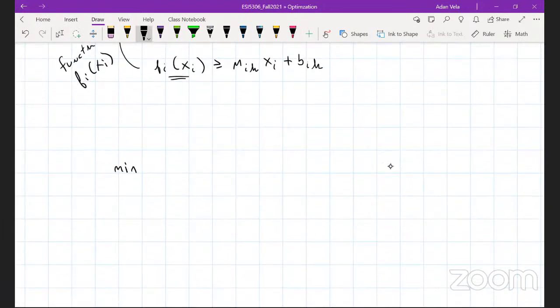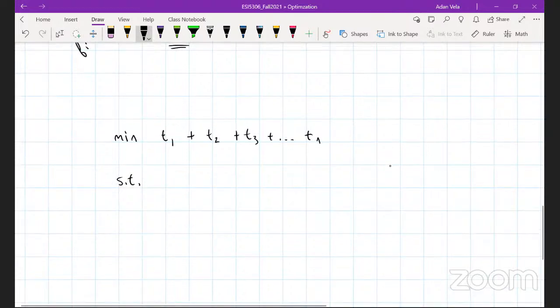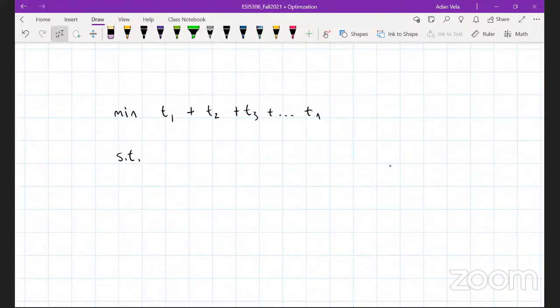With that, our linear optimization program will look like the following. Minimize T1 plus T2 plus T3 all the way to Tn. And again, each one of these represents a separable function in the decision variables x1 to xn. The approximation to that function will have its own set of equations.